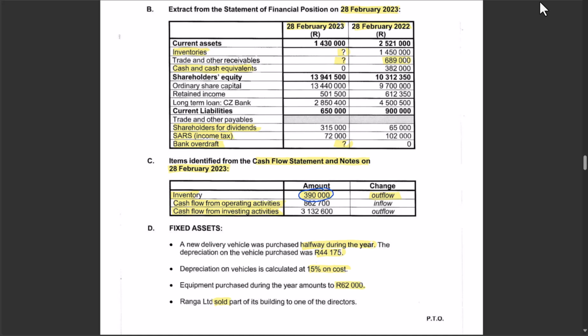So outflow means closing inventory was bigger than the opening inventory. And how much was it bigger? By 390,000. So you just add the opening balance plus the difference.